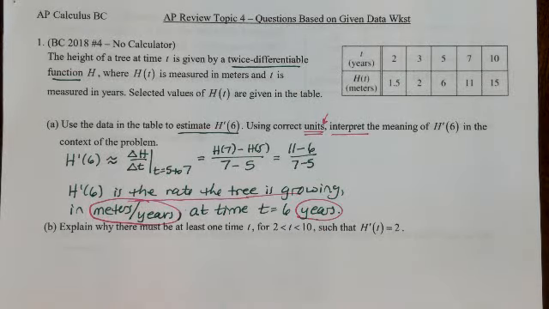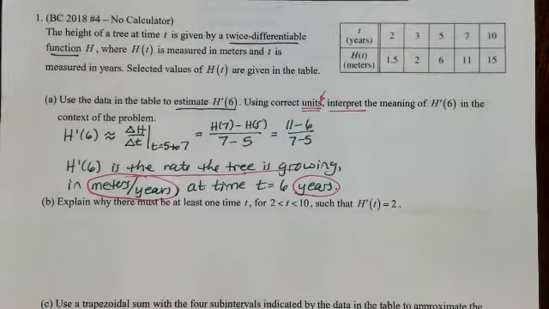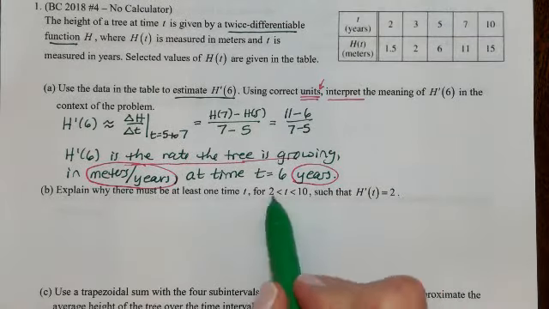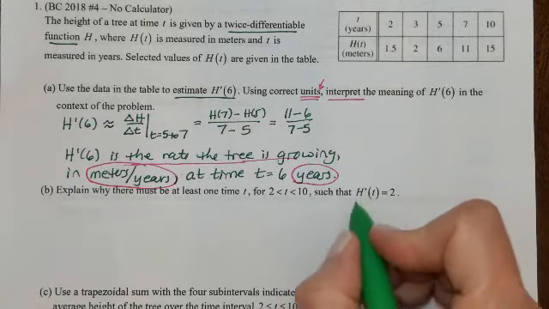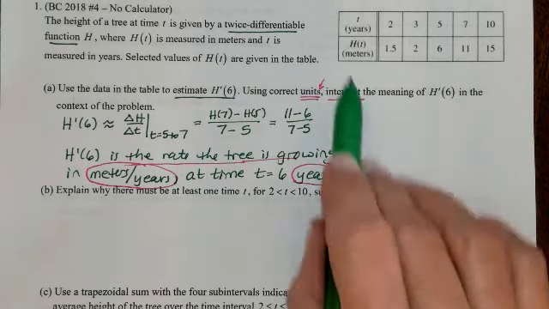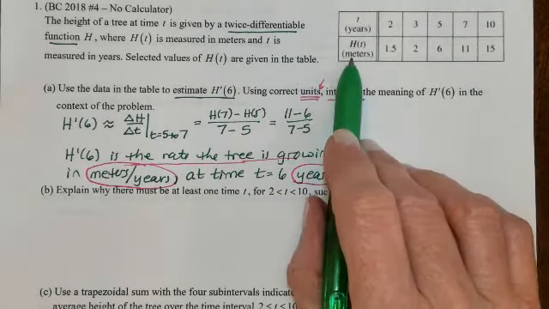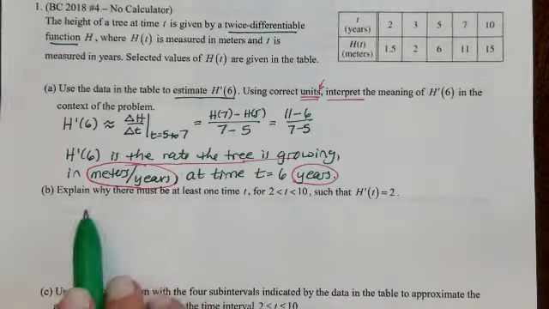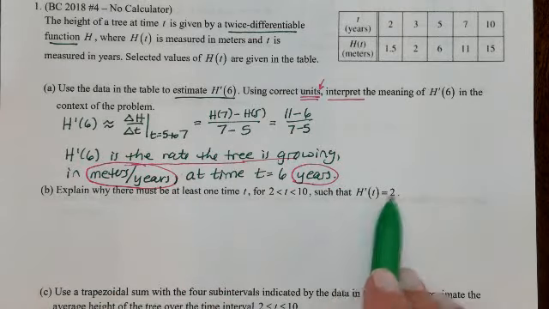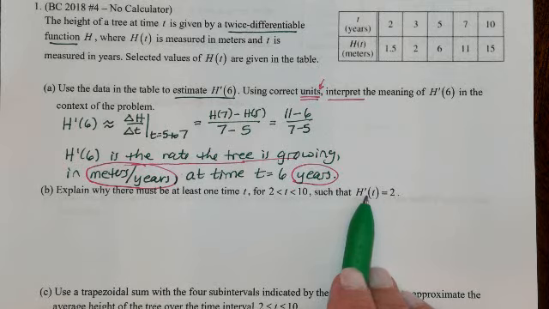Okay, part B. Explain why there must be at least one time in between 2 and 10 such that h prime is 2. Okay. This is an MVT problem. I know it's MVT because we're given h and they're asking me to state why there must be some special value of h prime.